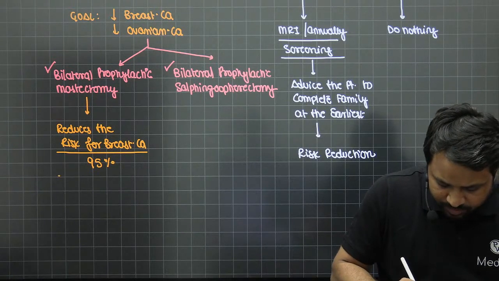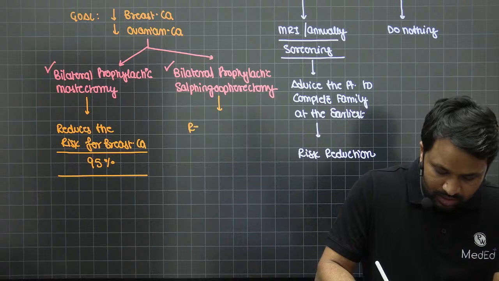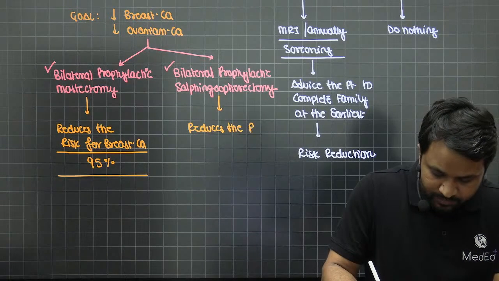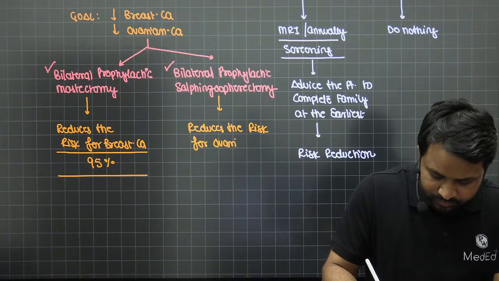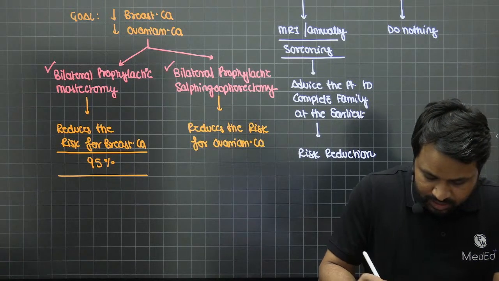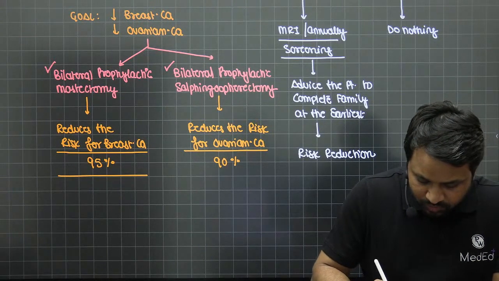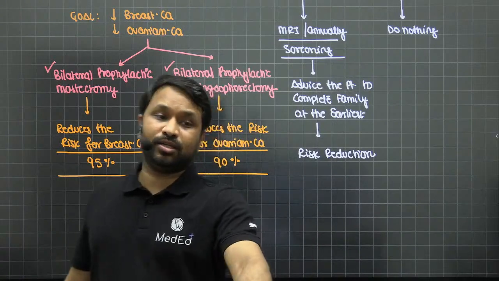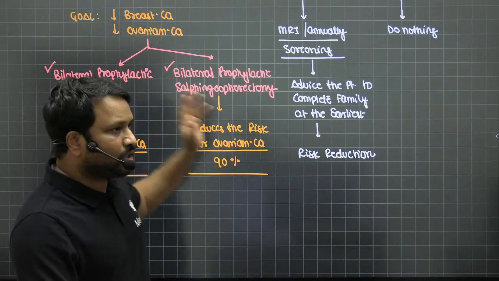There is still a 5% chance of developing breast cancer, whereas prophylactic salpingo-oophorectomy reduces the risk for ovarian cancer, but here the risk reduction is only 90%. So even after removing both the ovaries as well as both the breasts, it does not give you a 100% guarantee that breast or ovarian cancer will not occur. It is possible, but yes, it causes significant reduction.